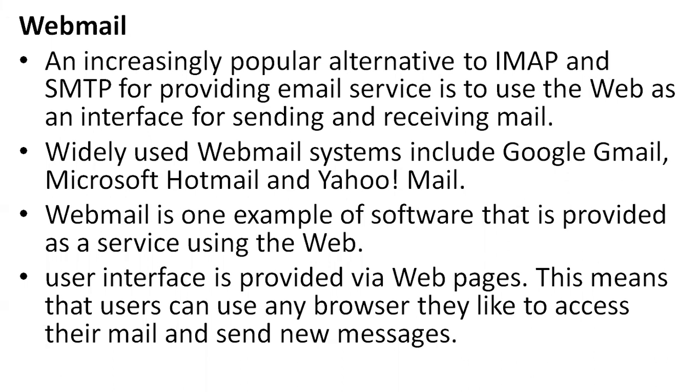And the widely used web mail systems are Gmail, Hotmail, and also Yahoo Mail. These are all web mail systems. Okay, so web mail is one example of software which is provided as a service using the web. Yes, so web mail is software which is going to provide the services using the web itself. And this user interface is provided via web pages.